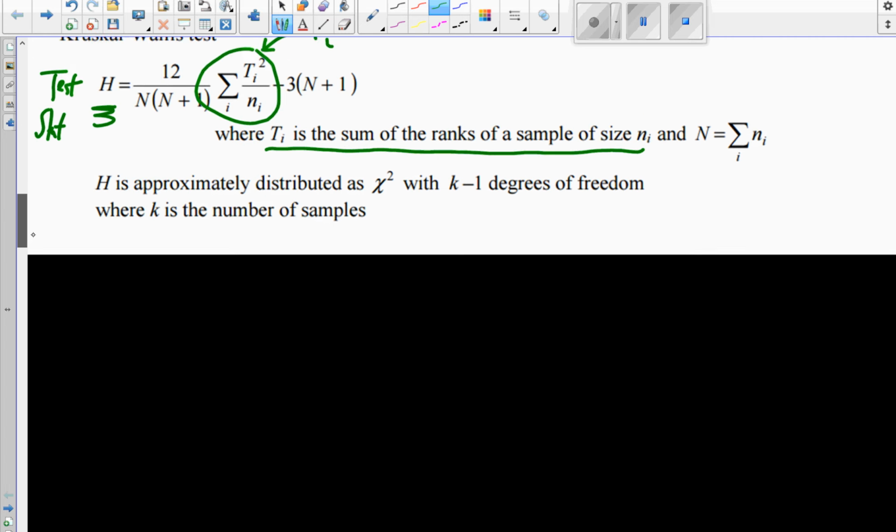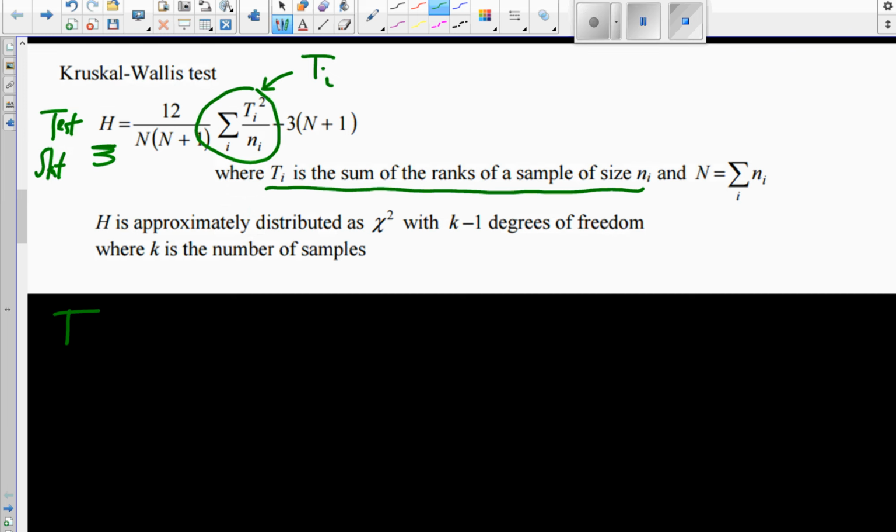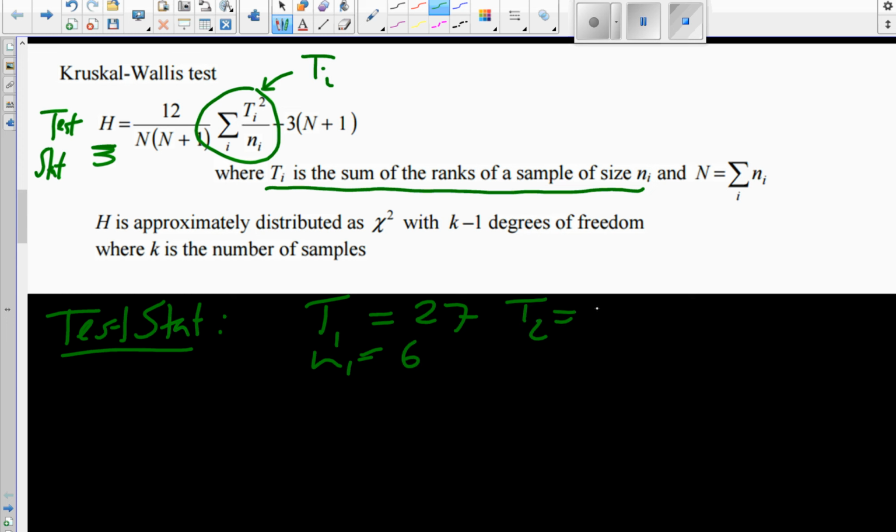We can take that information now down and use that in calculating our test statistic. So let's do our test statistic as quickly as we can here. Just copy those numbers in. T1 equals 27, N1 was 6, T2 was 52, N2 was 5, and T3 for the third treatment was 57, and N3 was 5.